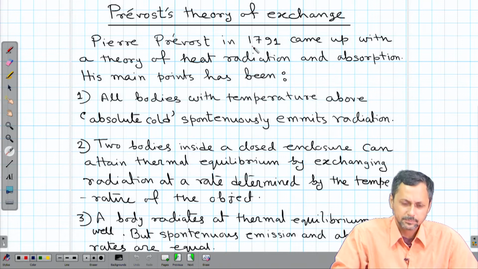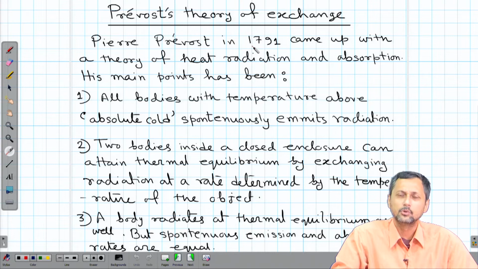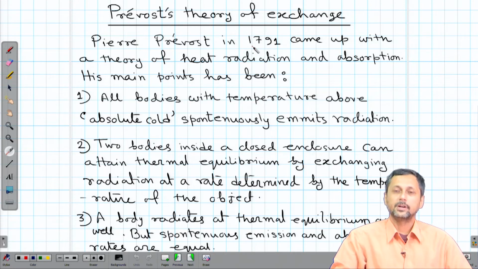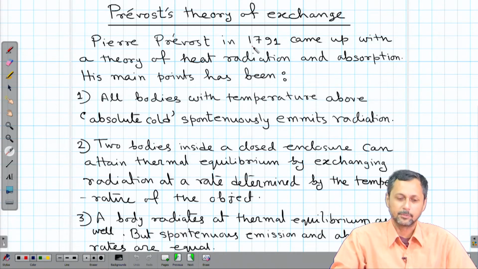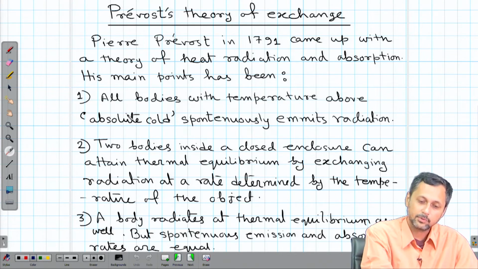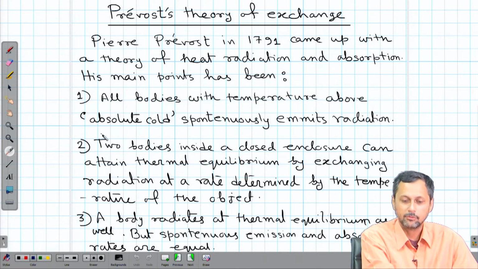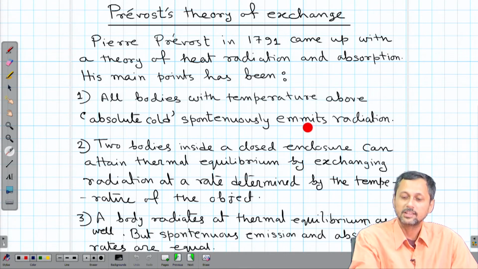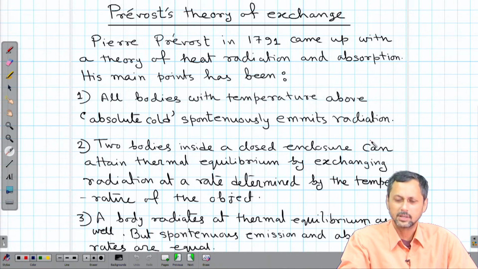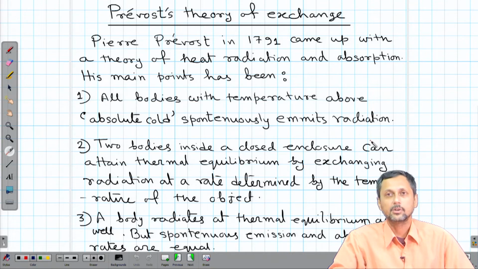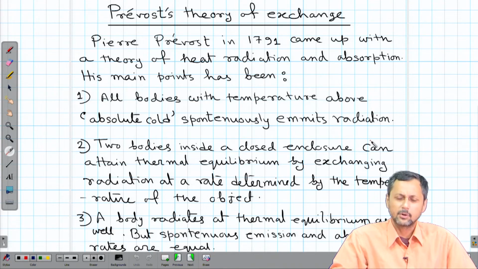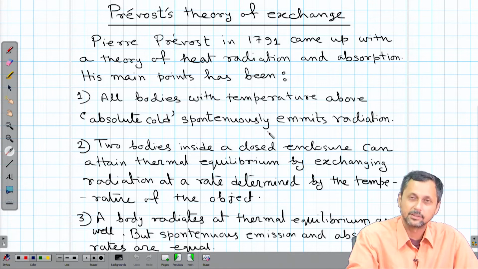But of course, there was a concept that there exists an absolute cold below which we cannot reach. The values were predicted, but not exactly determined at that time. So he said all bodies with temperature above absolute cold spontaneously emit radiation, and this was counterintuitive at that time.